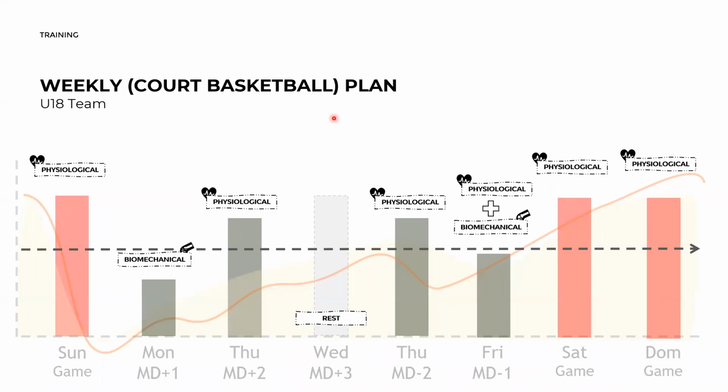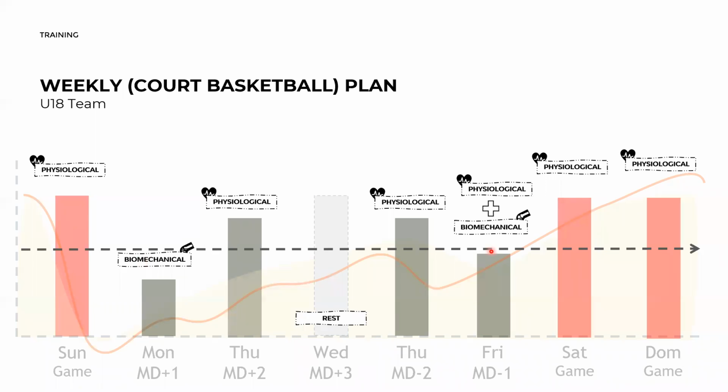So here we can see how we distribute the physical orientation depending on the day. With the first team, the priority is technical-tactical, and we hardly have time to train. But with the under 18 team, depending on the day, we recommend to the coach different exercises to provide different physical orientation to try to avoid monotony.